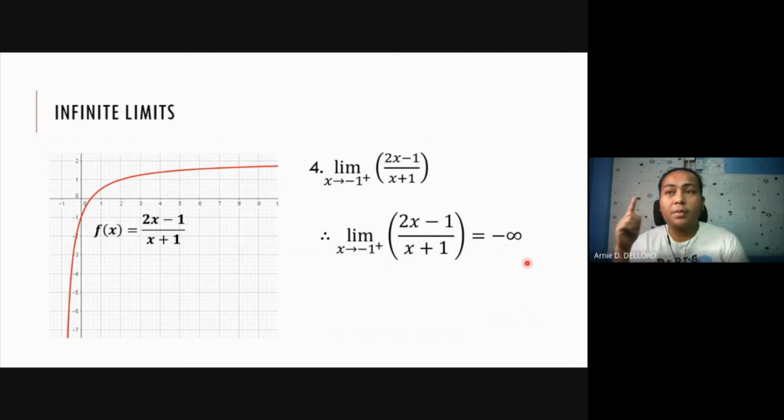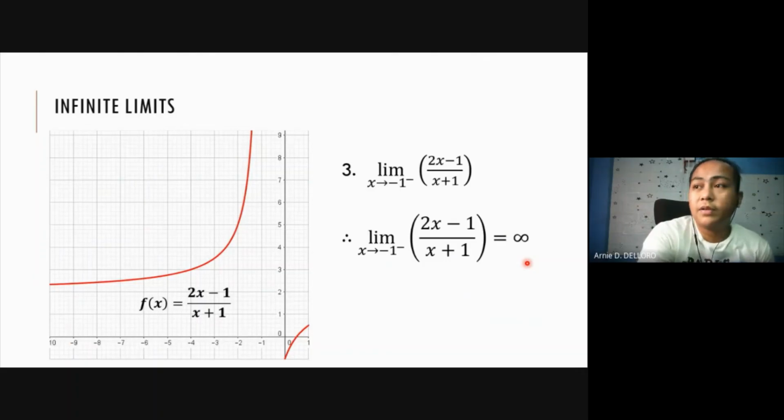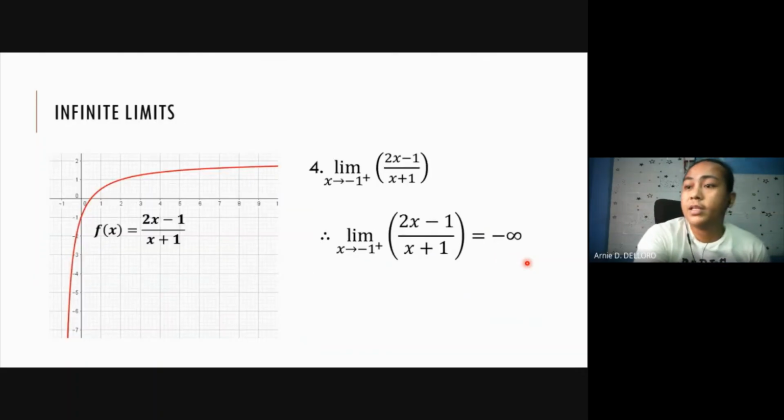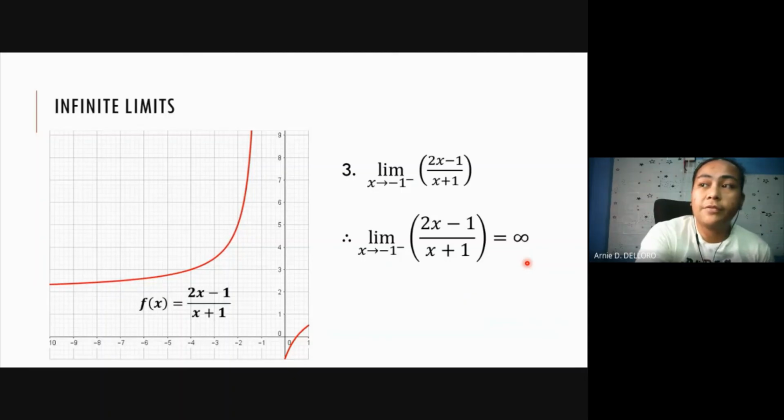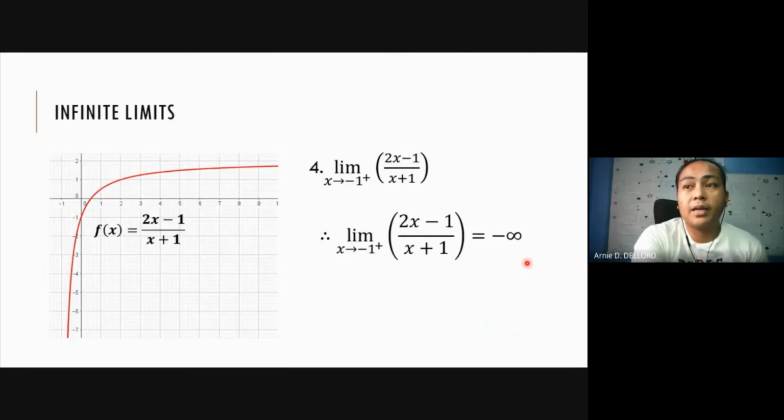Ngayon, ulitin natin or balikan natin yung kondisyon. The limit of the function will exist if the limit from the right is equal to the limit from the left. Okay? So, in this case, kanina, positive infinity. Ngayon, negative infinity na siya. Equal ba yung limit from the left and from the right?